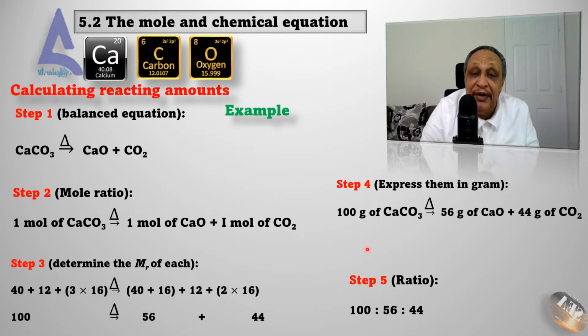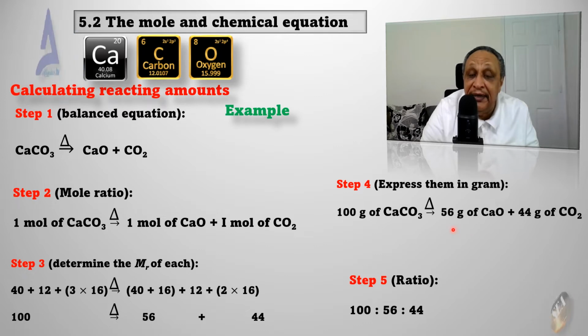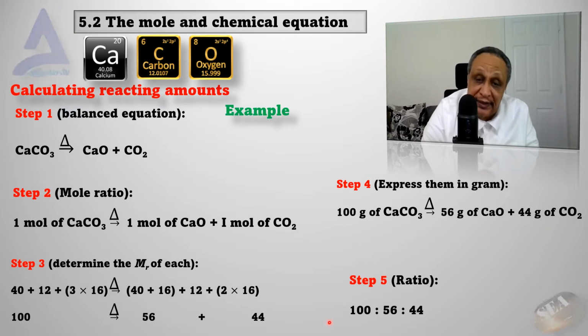Okay, and then when we express the mole ratio in grams, we are going to have the mass. So 100 gram of calcium carbonate will dissociate and give me 56 gram of calcium oxide and 44 grams of carbon dioxide.